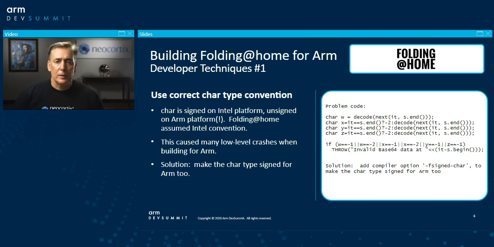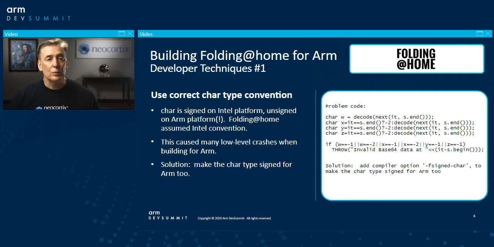We have an example code snippet here that shows the way it failed. If you look at the top 5 or 6 lines, that's the code that was failing. It was setting this char x value, in a certain condition in the implicit if statement, to a value of -2. That was effectively a flag value to indicate something went wrong.